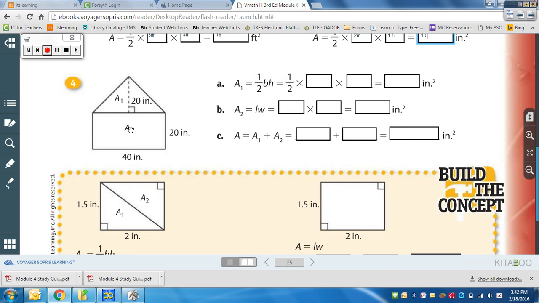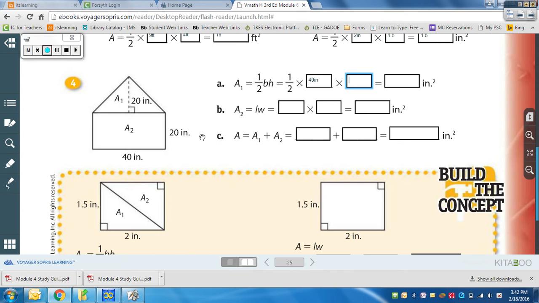So now, in problem 4a, we're going to find the area of the triangle. The triangle's area is labeled as A subscript 1, or A1. What is the length of the base of this triangle? The length of the base is here, and this is going to be the same distance as this distance here, so it is 40 inches. What is the length of the height of the triangle?